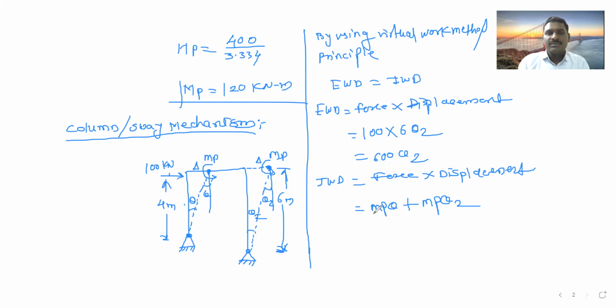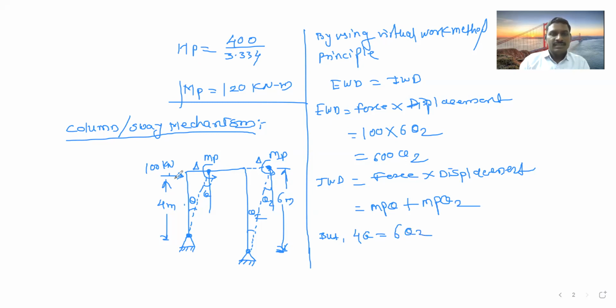Two MPs are there, here one and here one. The first is with theta and the second one is with theta 2. Now, 4 theta is equal to 6 theta 2.